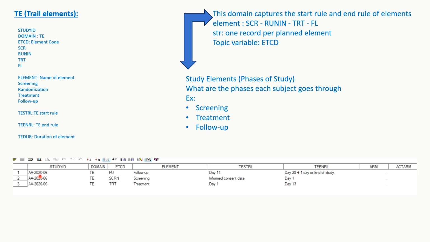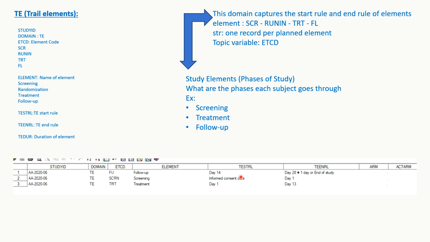So for study ID we capture some name. Domain will be TE and element code. For follow-up we will capture FU. So the trial element start rule will be day 14 and end rule will be day 28. In the same way for screening, element code will be SCRN and element will be screening.